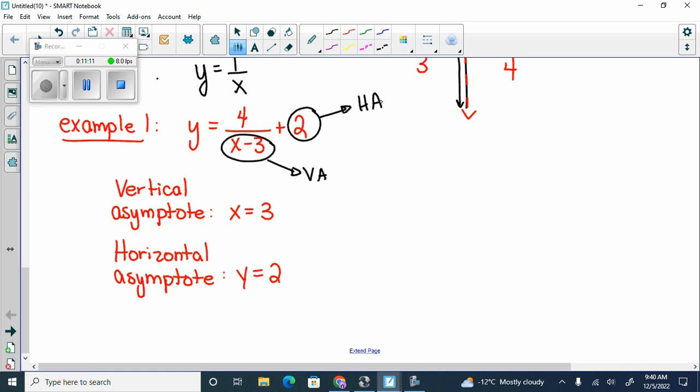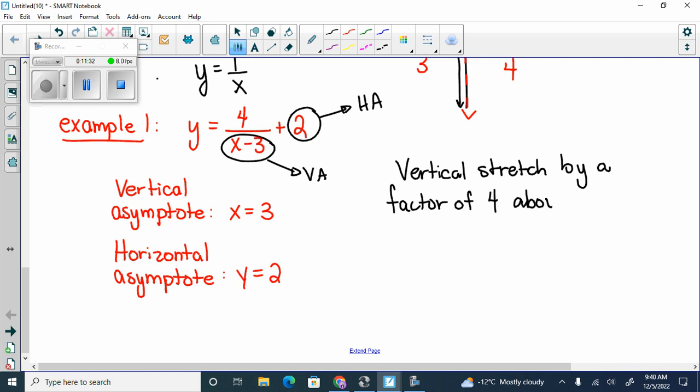Now if we state our transformations, we have a vertical stretch by a factor of 4 about the x-axis.